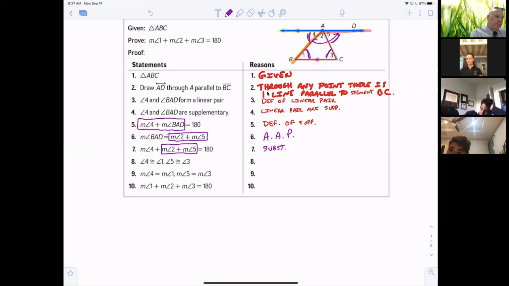So alternate interior angles are what? Congruent. And now they're saying the measure of angle 4 equals the measure of angle 1. That's just the definition of congruence.